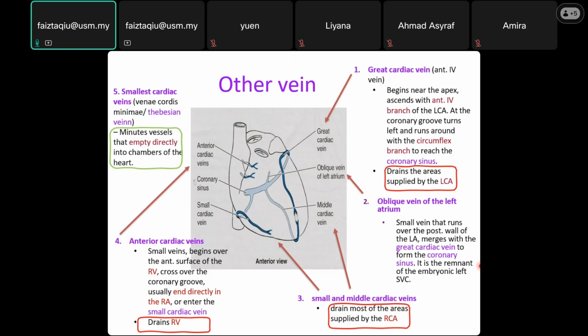Actually, ASD has four types: secundum, primum, sinus venosus, and coronary sinus ASD. Those are the important clinical significances when talking about the venous drainage of the heart.